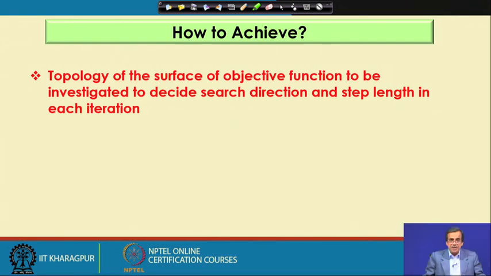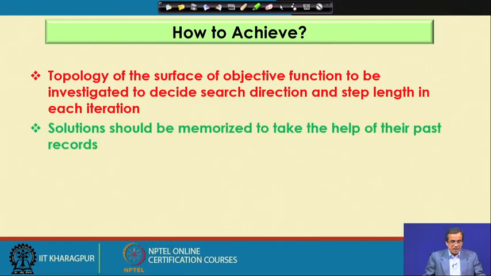Now, if we want to design and develop the intelligent optimization tool, you will have to incorporate some level of intelligence into the algorithm, so that it can find out some optimal step length and search direction by carrying out a search of the surface of its objective function. So, this is one of the steps to be followed if we want to design and develop the intelligent optimization tool.